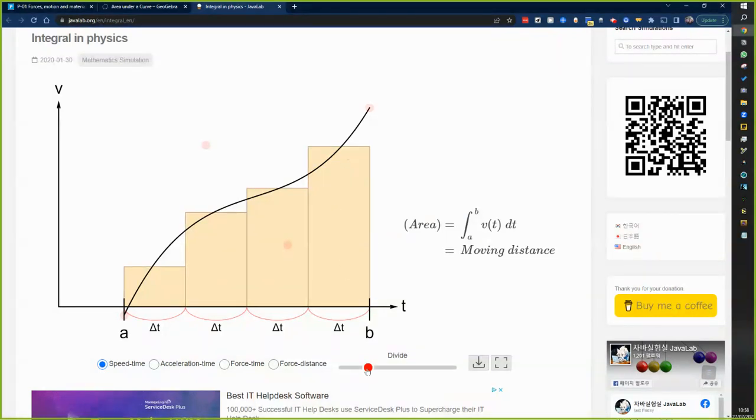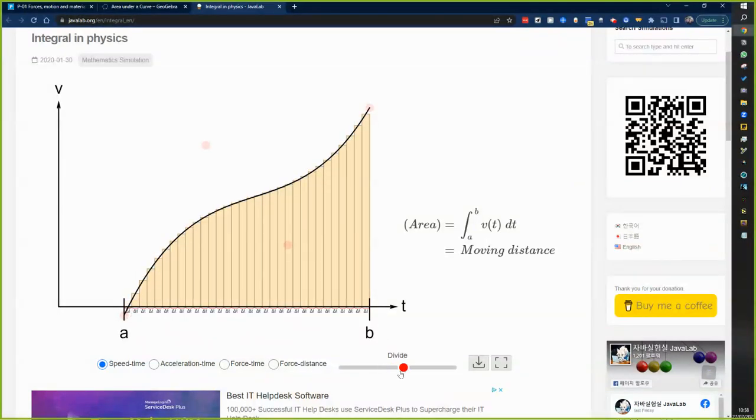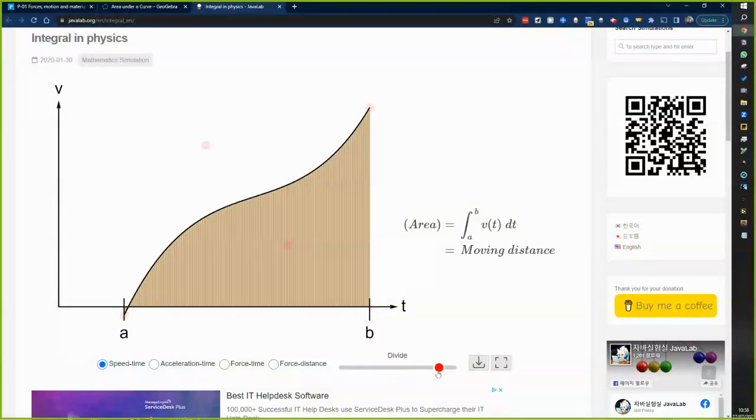But the smaller I make these rectangles, the more accurate it is to the genuine area underneath the actual curve. Until eventually you make it so small that the area is essentially spot on, right?